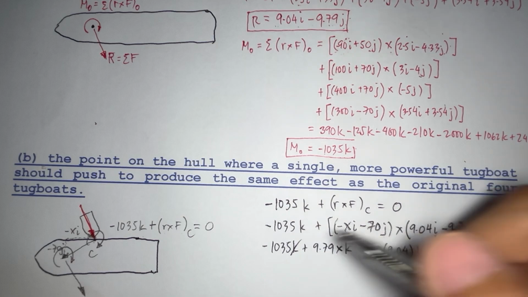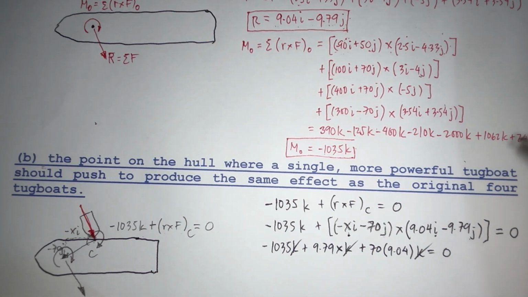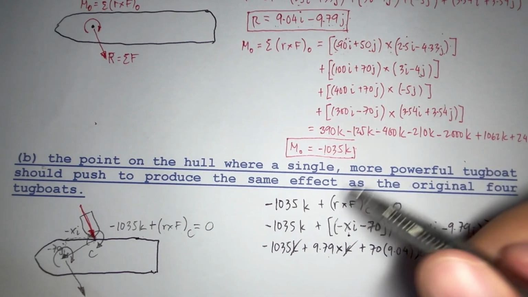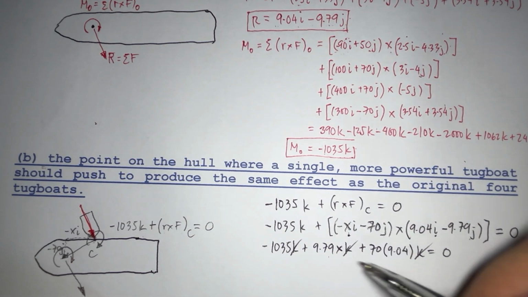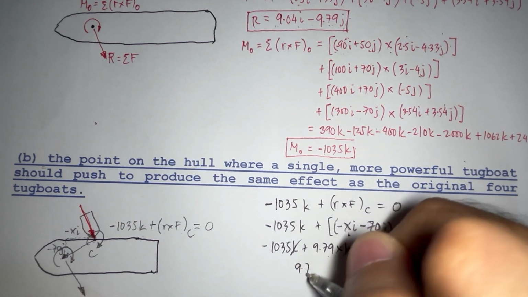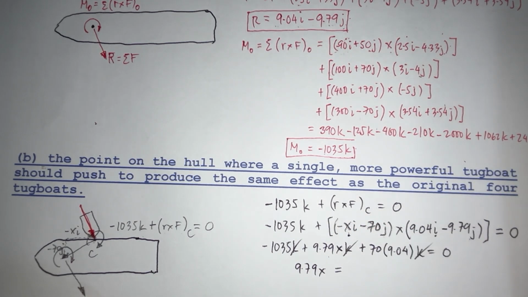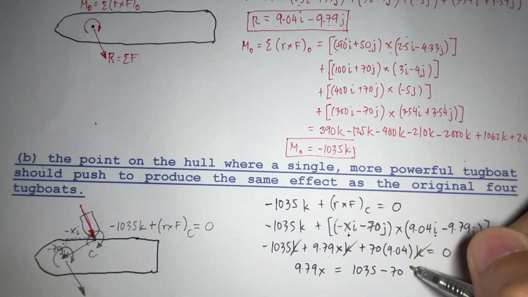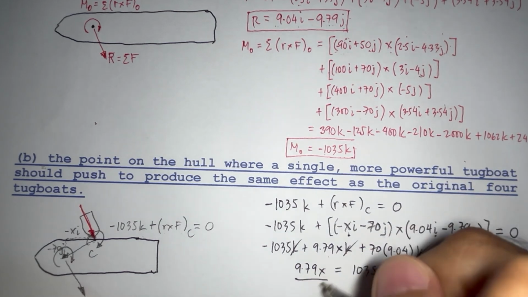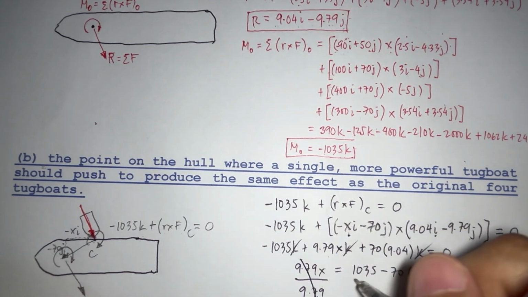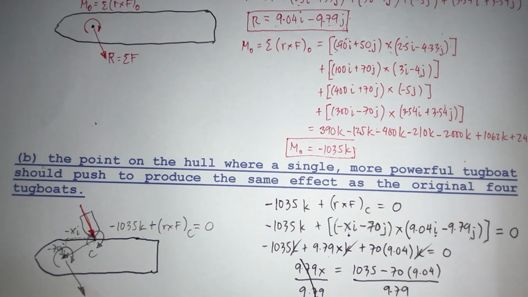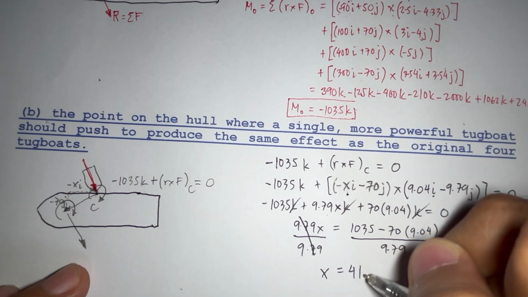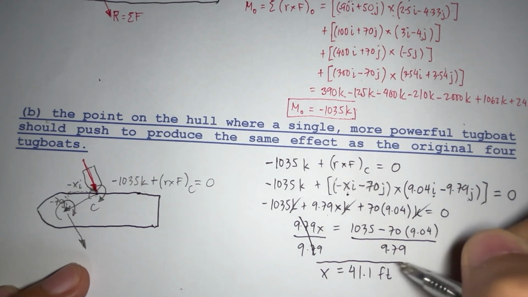So the k is cancelled. If we arrange this, 9.79x to the left and the other term transposed to the right, we have 9.79x equal to positive 1035 minus 70 times 9.04. Dividing both sides by 9.79, we have x equal to 41.1 feet.